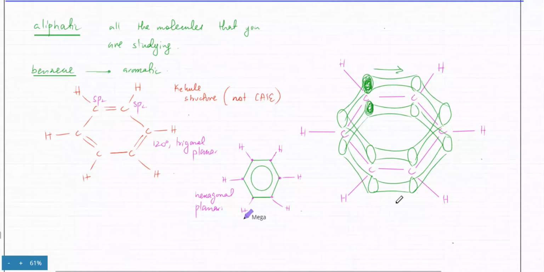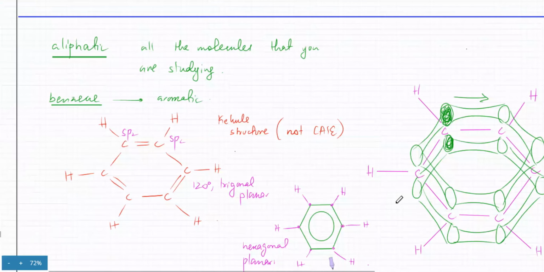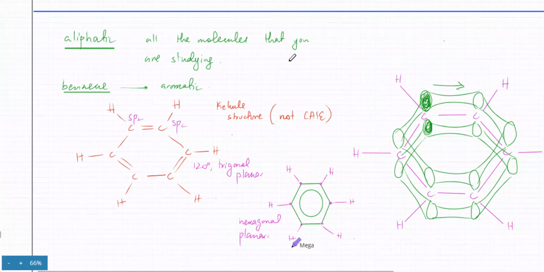So whenever you hear the term aromatic, it is benzene. And we did a lot of past paper questions where we did see this structure a lot. It's a very stable arrangement, and it exists in a number of organic molecules.